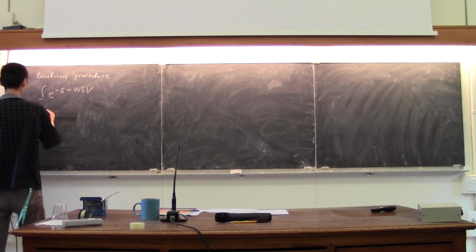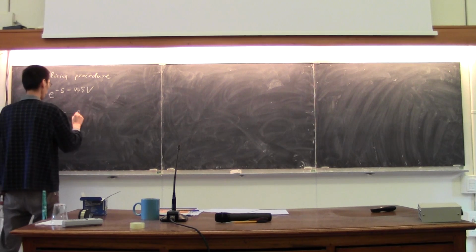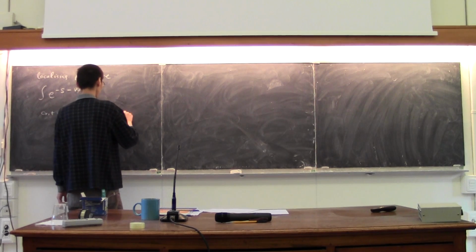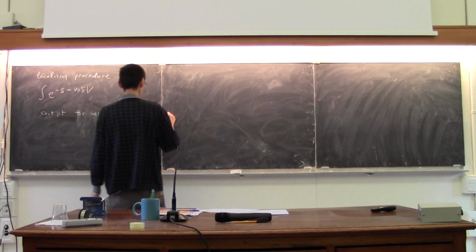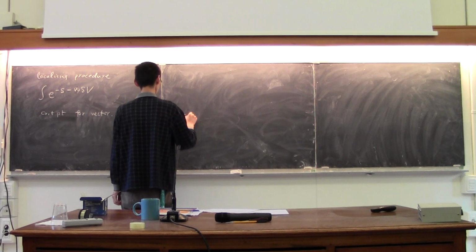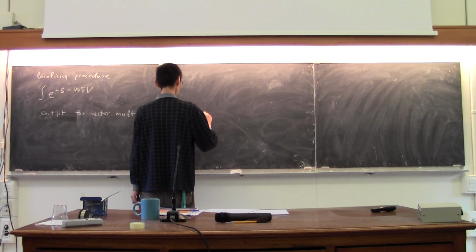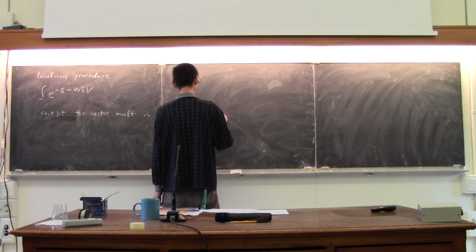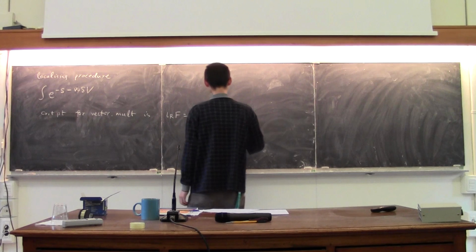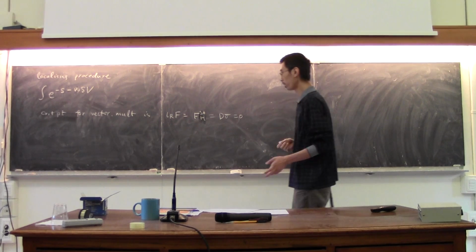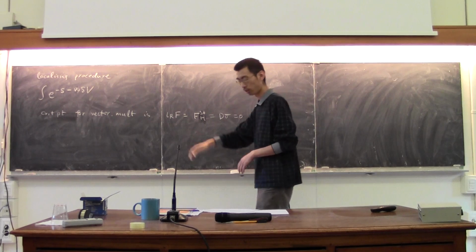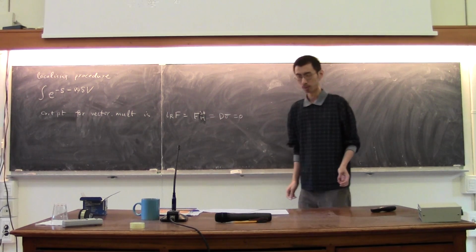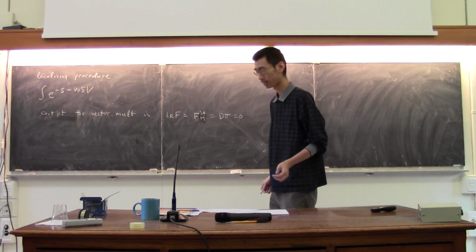So the critical point for the vector multiplet is the set of equations given by three equations: the vanishing of the horizontal component of curvature, the vanishing of the self-dual component, plus covariant constancy of a scalar.